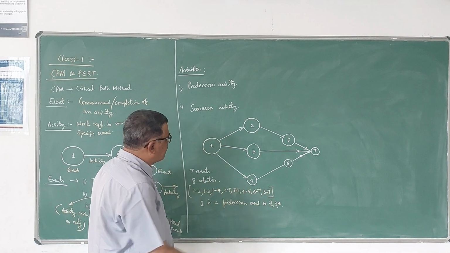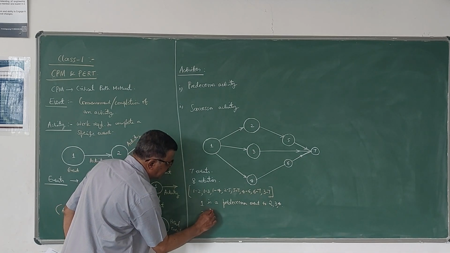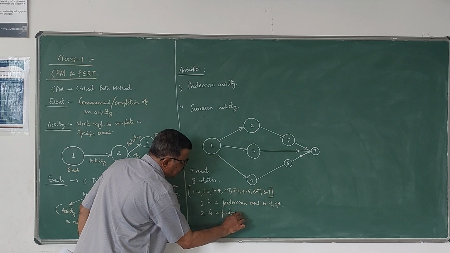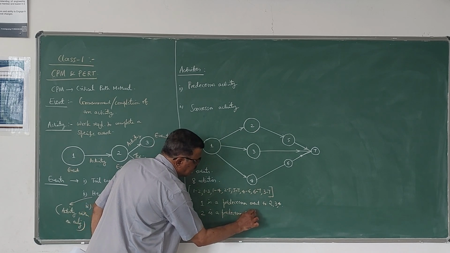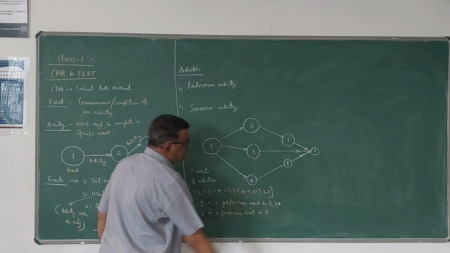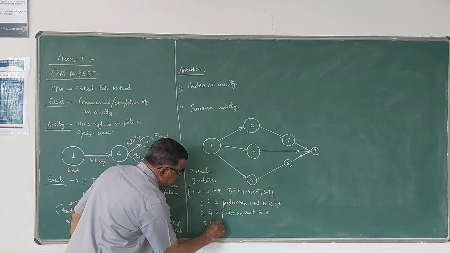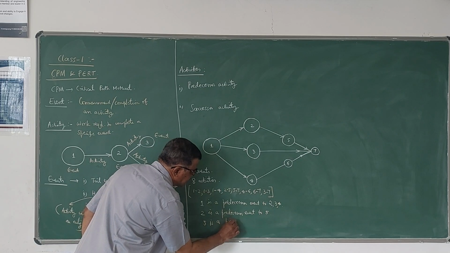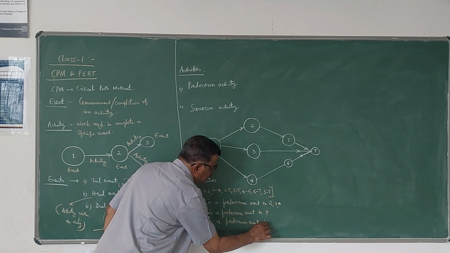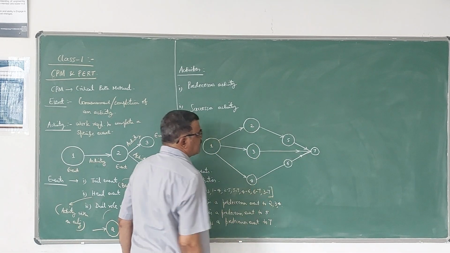event 4. Similarly, this 2 is a predecessor event to 5. Then 5 is a predecessor event to 7. This is along this path.